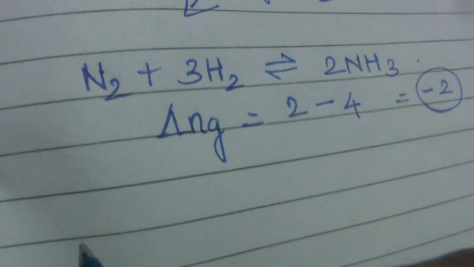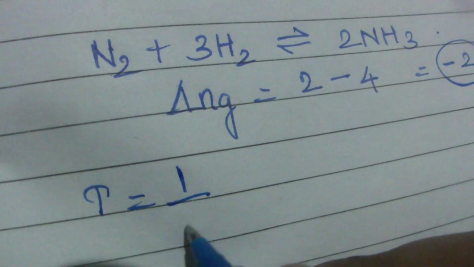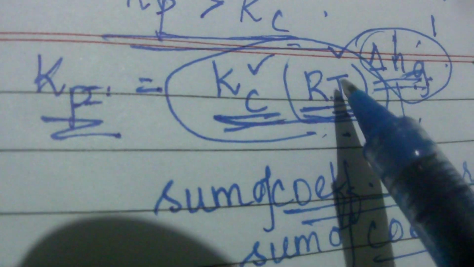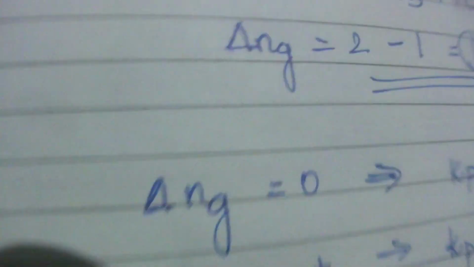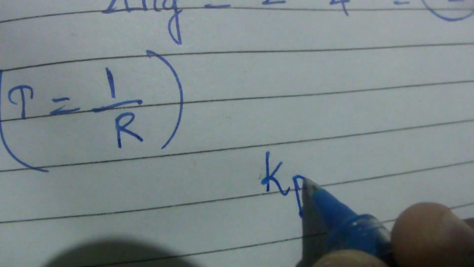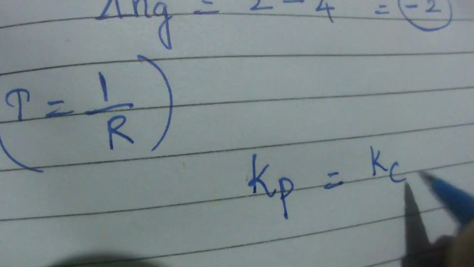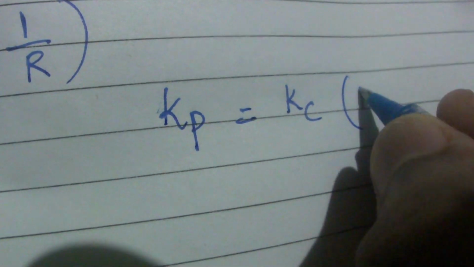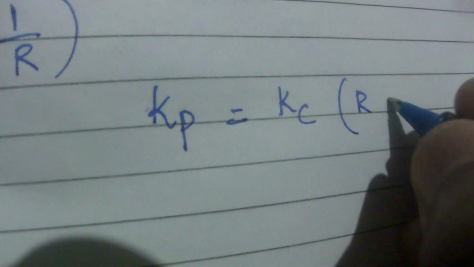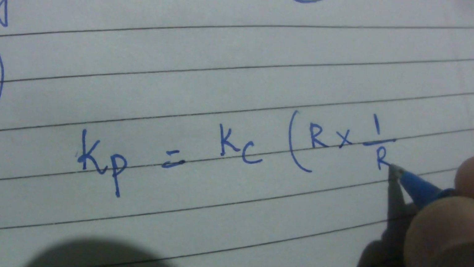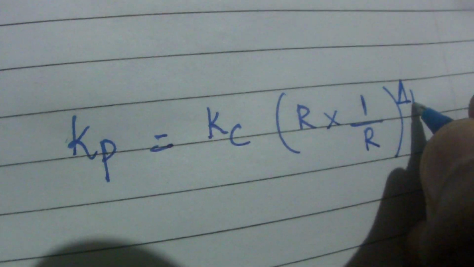Okay, and there is one more special case which talks about what happens if T is equal to 1 by R. So in this formula, as you can see, if it is 1 by R, so let me write it. Kp equals Kc into R. I told you T is equal to 1 by R, so I must substitute 1 by R here, power delta Ng.